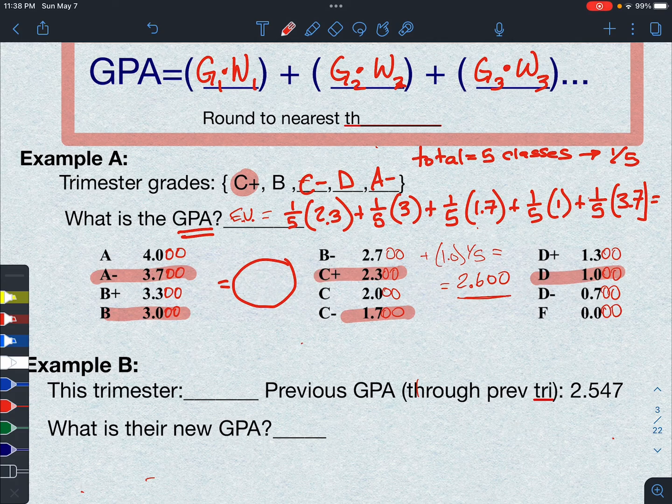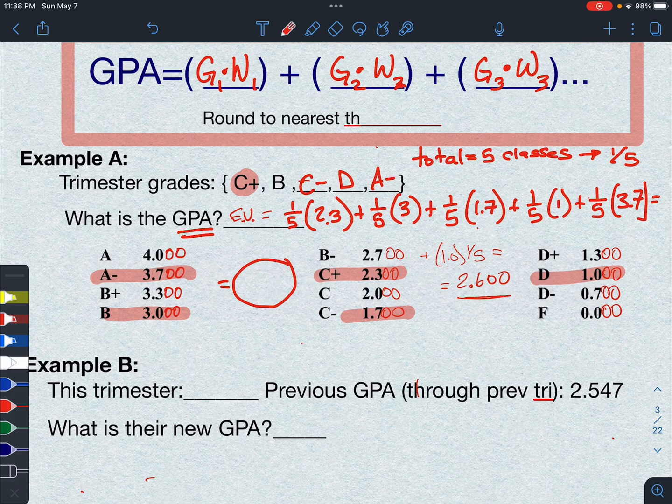Plus 1 divided by 5 plus... I hope you and I get the same answer when I'm all done.